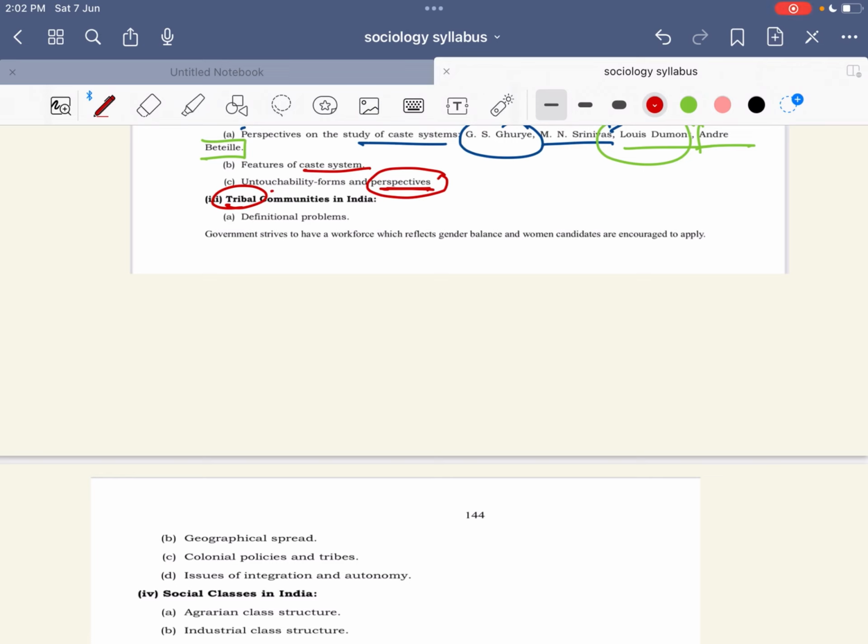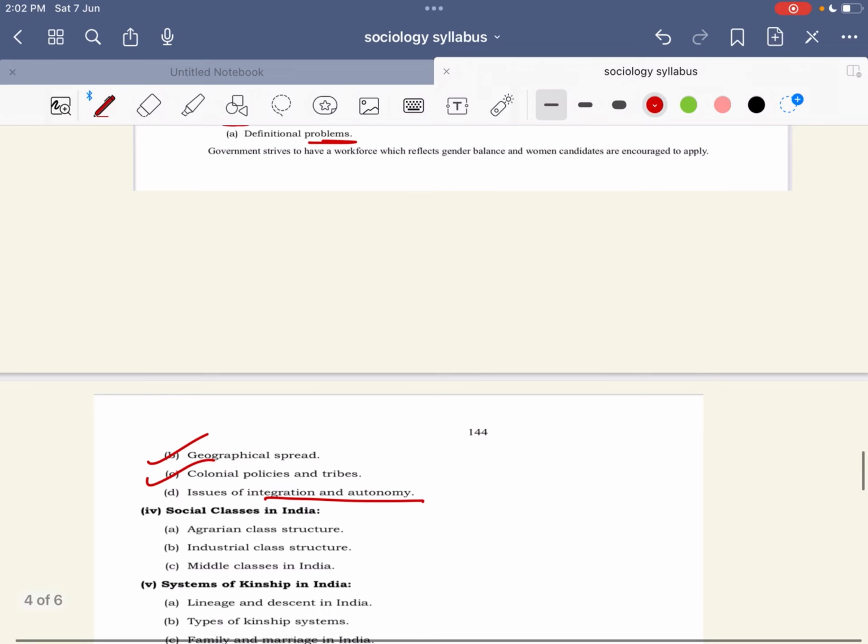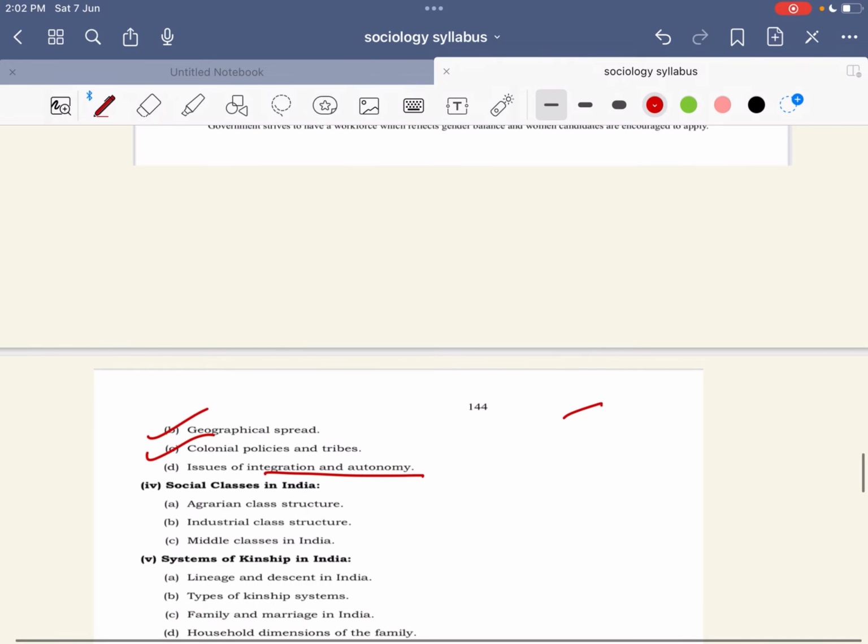So we will see definitions and problems, means what you will study is what the problems of tribal peoples are. Understand what I am telling. Then there is geographical spread, colonial policies, issues, integration and autonomy. इंटीग्रेशन एंड ऑटोनॉमी, मीन्स ये ट्राइब्स जो है इनका क्या जोग्राफिकल स्प्रेड है, where they live.